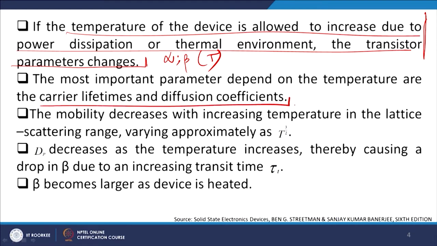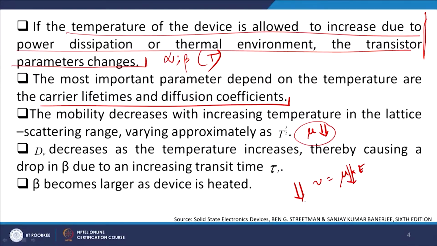diffusion coefficients. Also, we have seen that as the temperature increases, the mobility actually falls down, right. This is very simple: as the temperature increases, the lattice itself starts to move about its mean position because of high thermal energy. As a result, an electron travelling across the lattice gets scattered by collision with these lattice atoms.